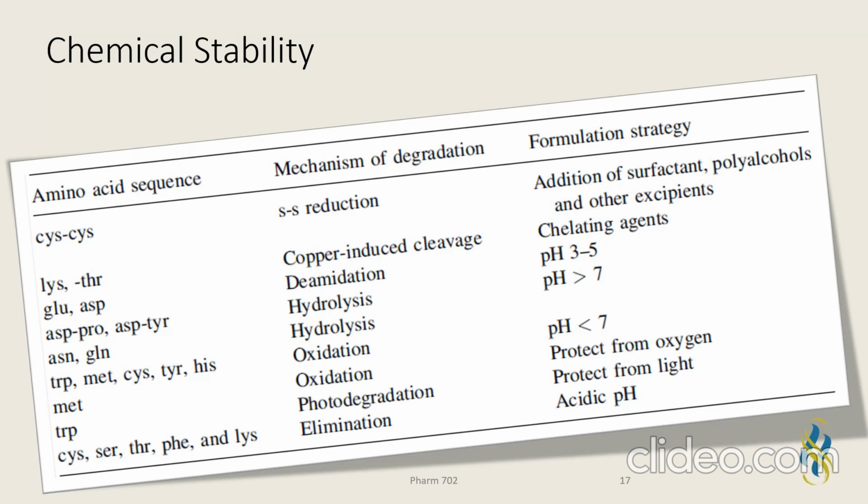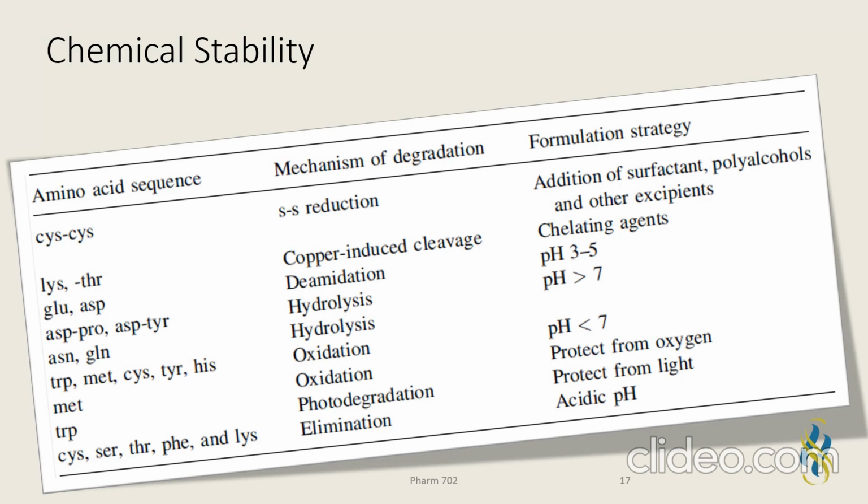Oxidation is one of the most common degradation pathways of proteins. The amino acids more likely to be influenced are those with sulfur, like cysteine and methionine, and those with aromatic rings, like histidine, tryptophan and tyrosine.